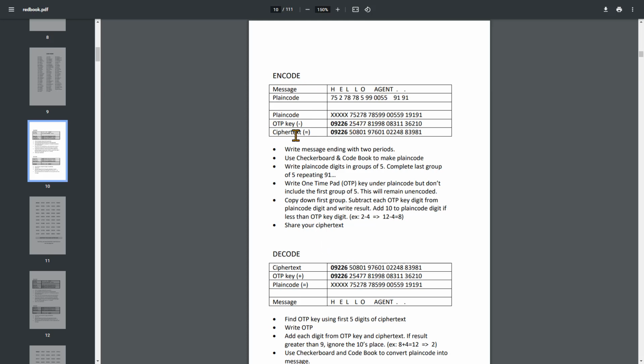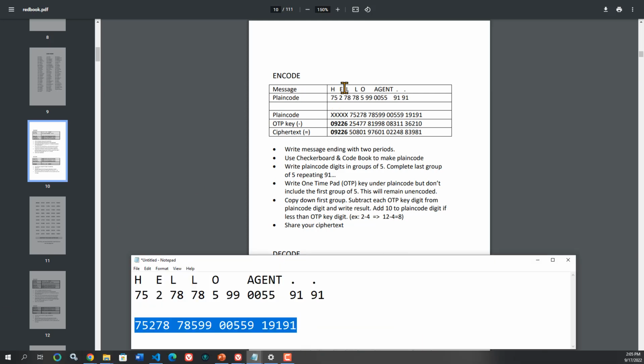We've already gone through the step of taking the message and converting it to plaincode, and here are the same plaincode numbers. Now this isn't secure. This is just a simple changing of letters and numbers into digits, and that's not secure. The thing that makes it secure is the one-time pad.